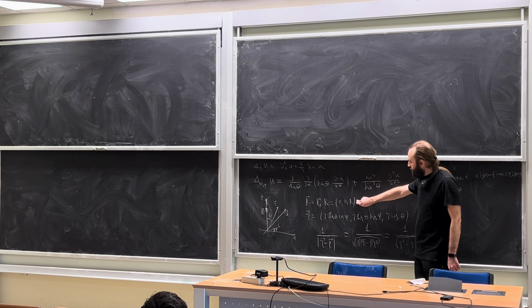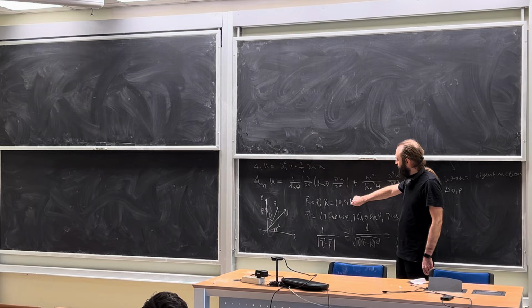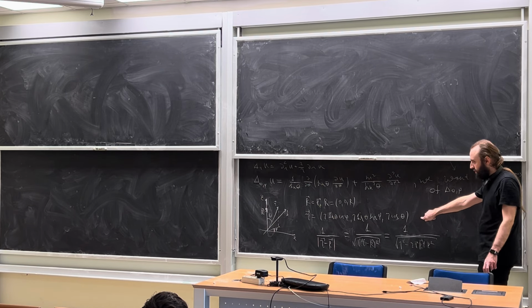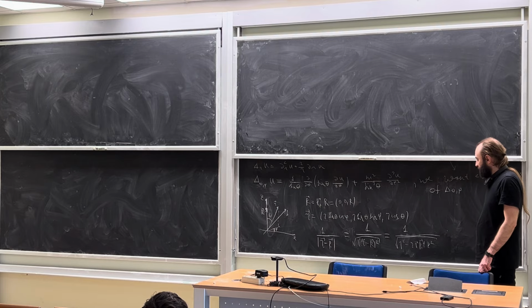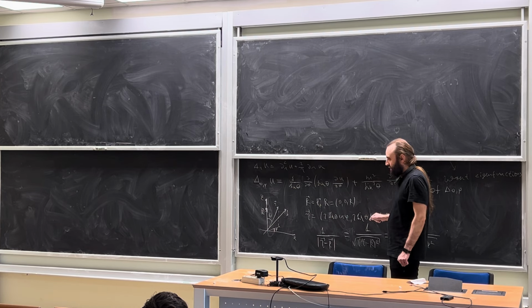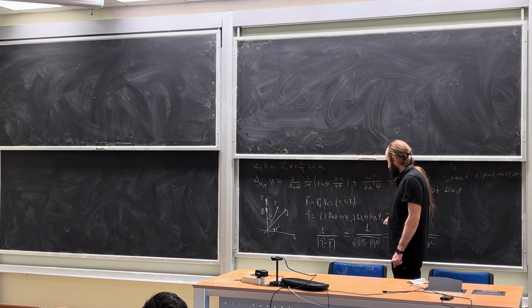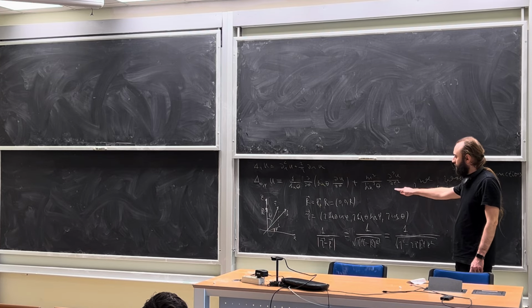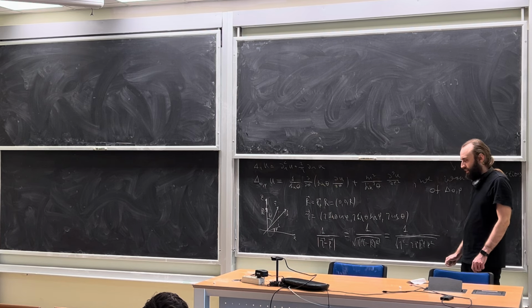And so the squares of these vectors are equal to literally R squared and small r squared, right? And what is their scalar product? The scalar product of these two vectors.